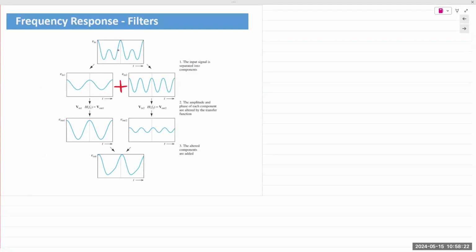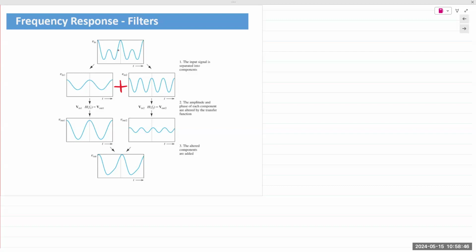A filter circuit comprises resistors, inductors, and capacitors. Resistors do not do anything except change the amplitude. You have the y-axis, the amplitude of the signal, and resistors reduce it. Capacitors and inductors will reduce it and will also affect the phase.